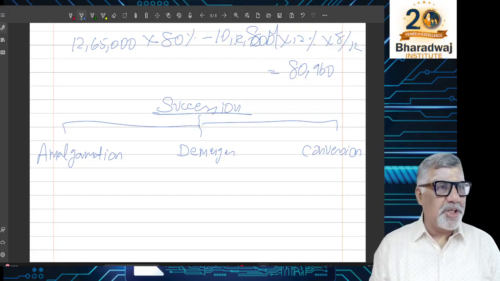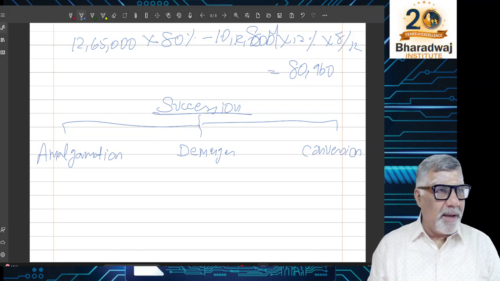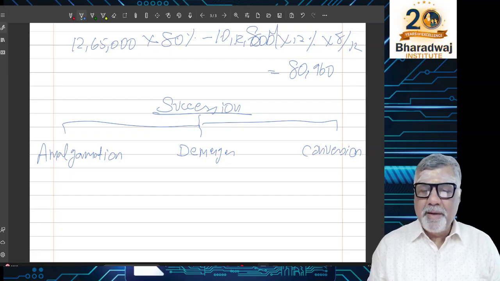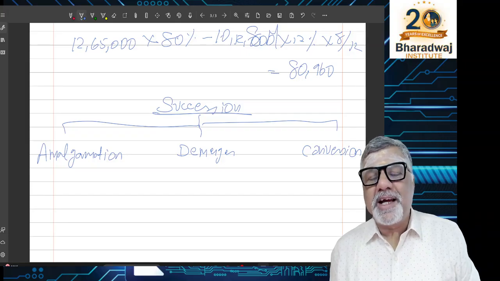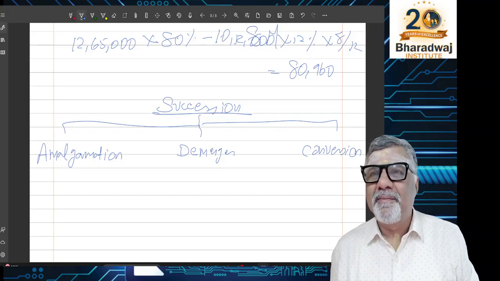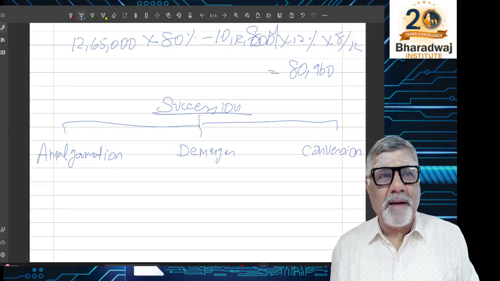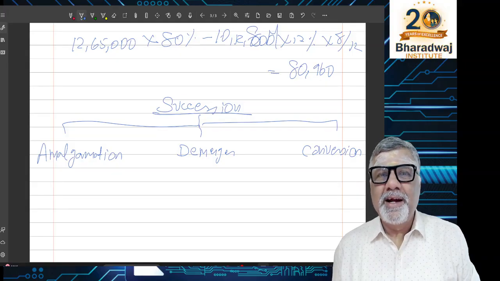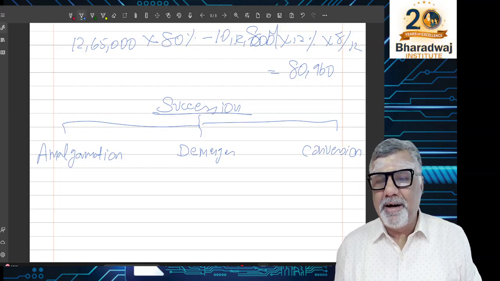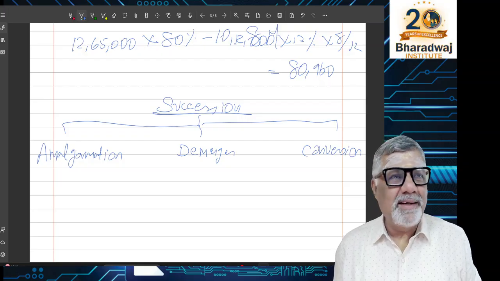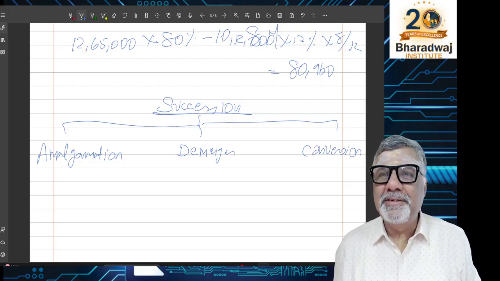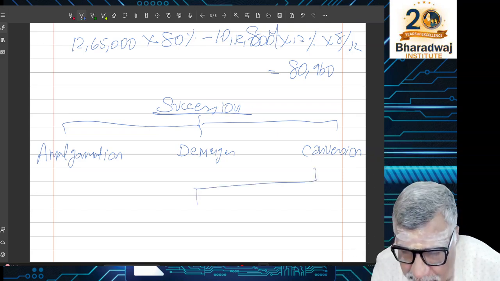Succession means, apart from inheritance, amalgamation and demerger, because in capital gains we say succession is not a transfer, which means transfer by the amalgamating company to the amalgamated company, or by the demerging company to the resultant company. And then third is conversion, and conversion is further subdivided into three.